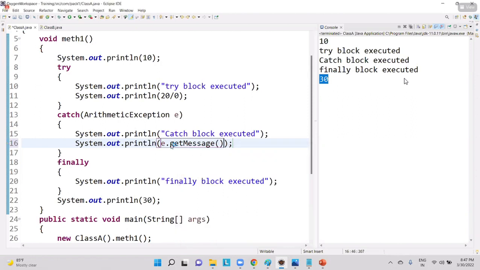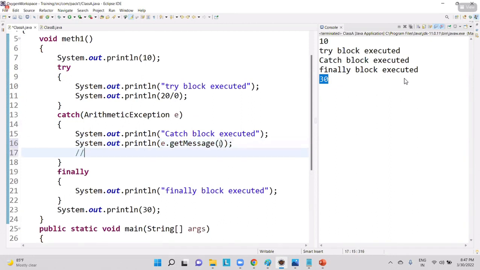Now, guys, this getMessage method is present in which class? Exactly. The getMessage method is present in the Throwable class.